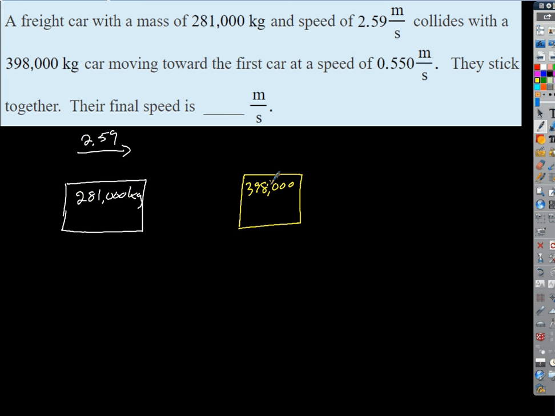So it's got to be moving back in the negative direction, speed of 0.550 meters per second. Okay? So what can we do?